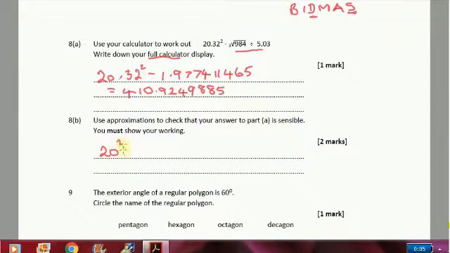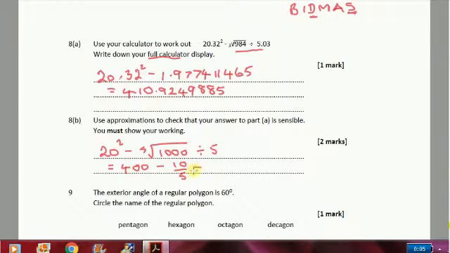So approximating for the first part, 20.32 is roughly 20 squared. Cube root of 984 is roughly the cube root of 1000. Divide by 5.03 is roughly divide by 5. So we've just approximated each of those numbers. 20 squared, we can do in our heads, is 400, minus the cube root of 1000, we've used that before in this assignment, is 10, divide by 5.